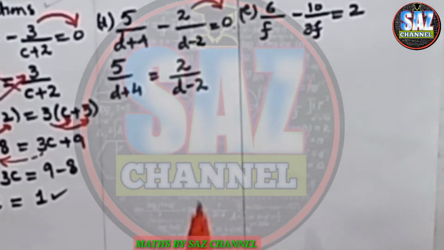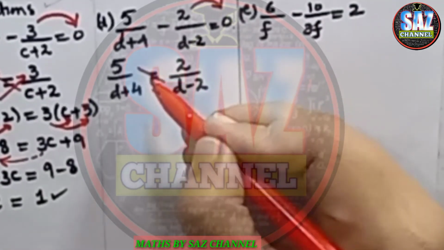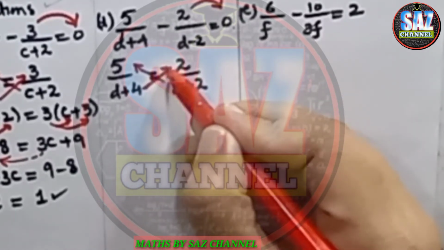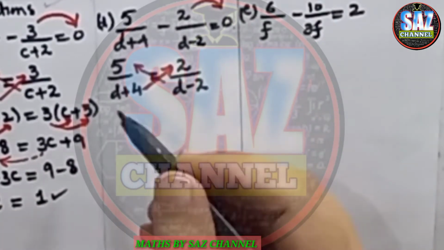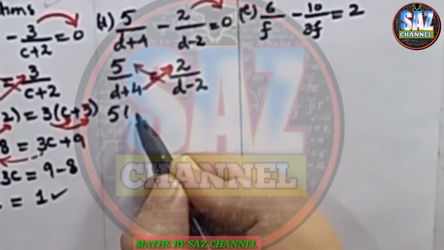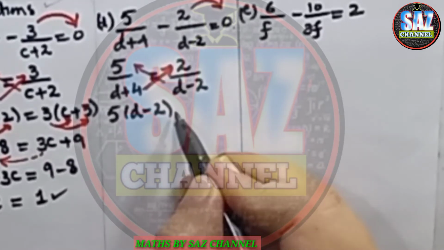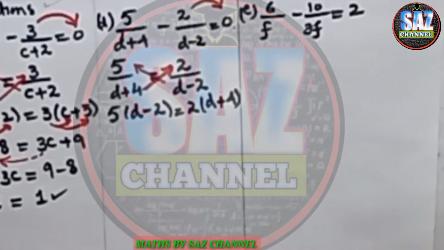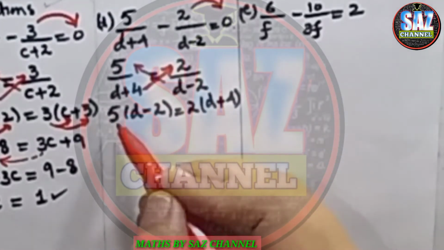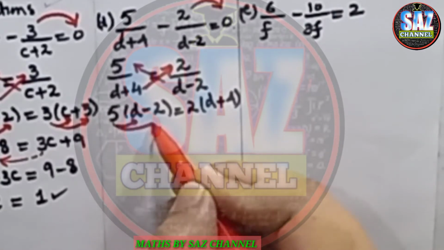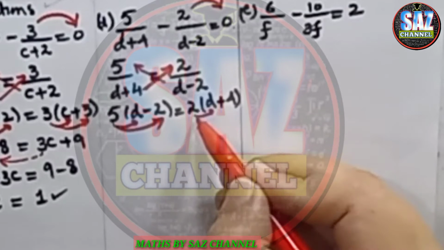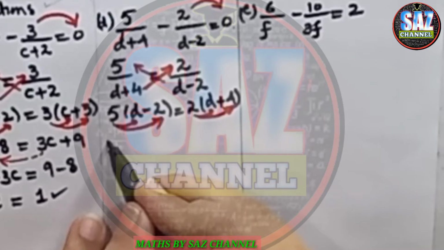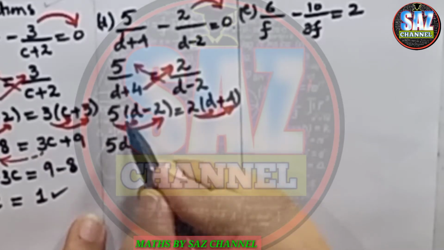Now preferably go with the cross multiplication, that 5 will be multiplied by d minus 2 and 2 by d plus 4, and the equation will take the form 5 into d minus 2 equal to 2 into d plus 4.